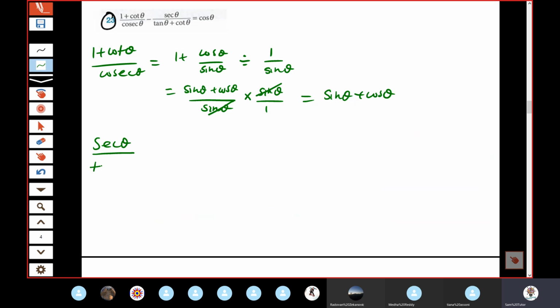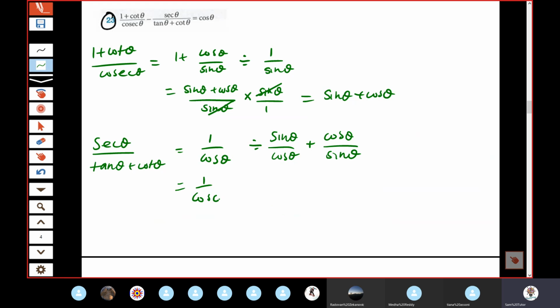sec theta on tan plus cot equals 1 on cos for sec, divided by tan plus cot. 1 on cos, divide, common denominator, sine squared plus cos squared on sine cos. 1 on cos, multiply and flip.